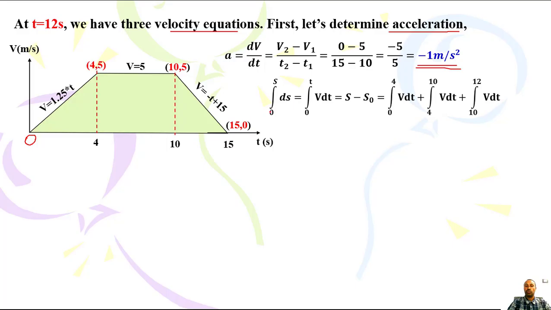Then you simply use integral of ds from 0 to s equals integral of v dt from 0 to t, so s minus s naught. The integral is from 0 to 4 first, then from 4 to 10 constant speed, where you have 0 acceleration, and then from 10 to 12, where 12 is around here.